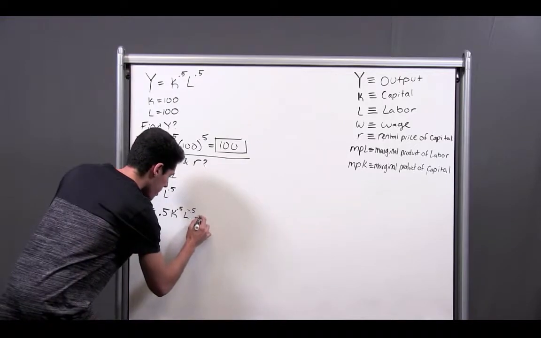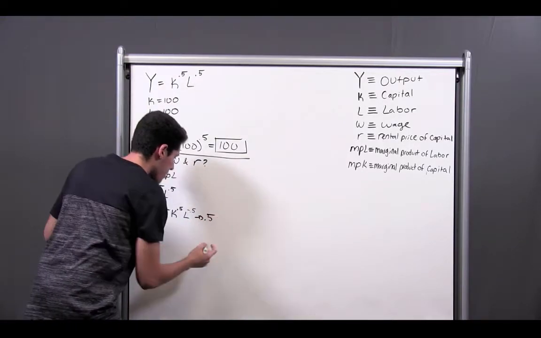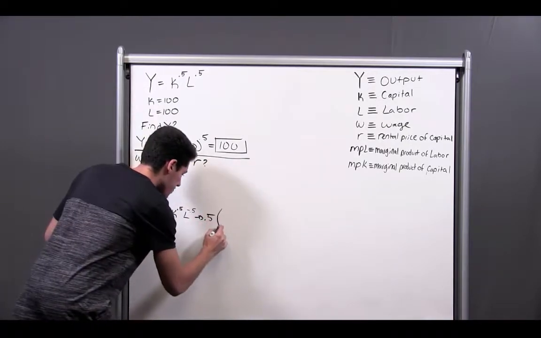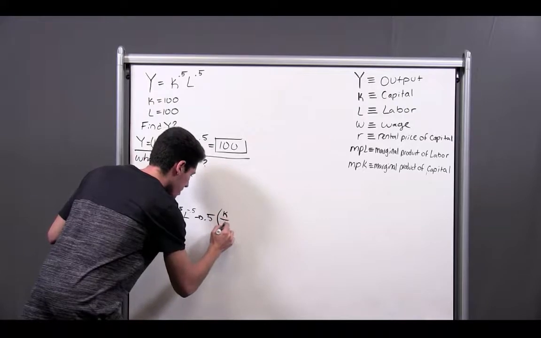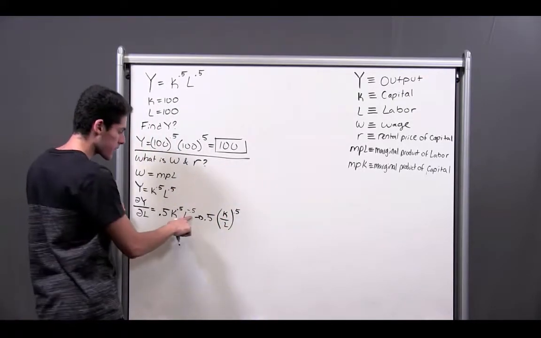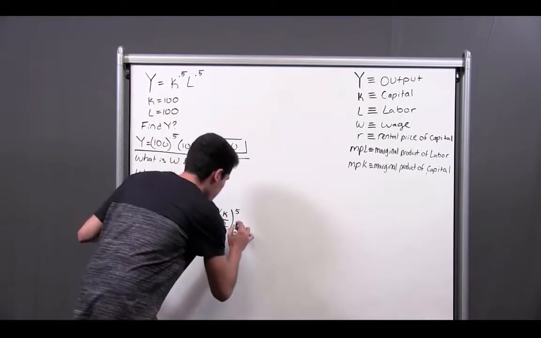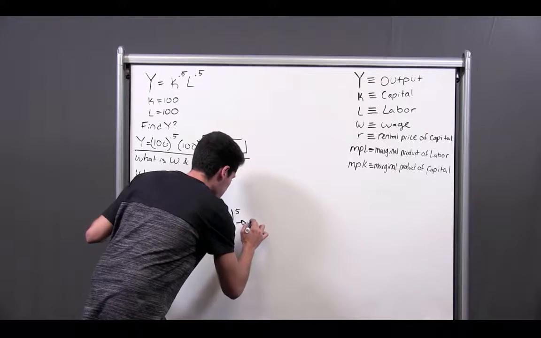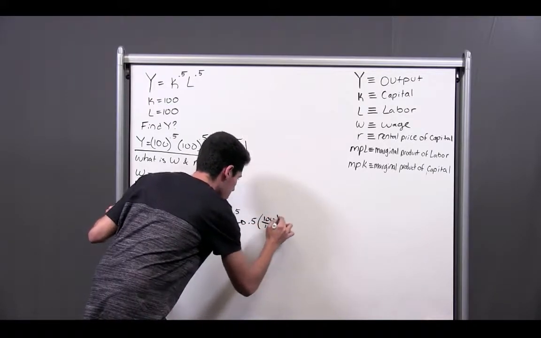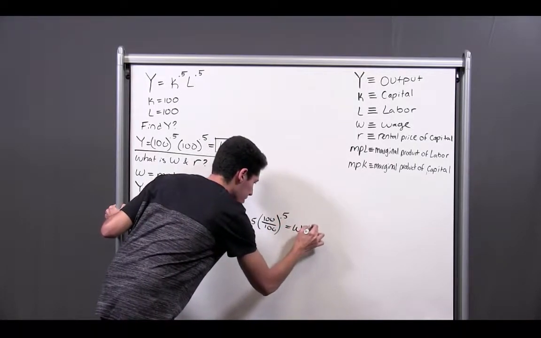And now if we plug in our values, I'm going to transform this equation into this, which is equivalent, because this negative exponent simply means it should be in the denominator. And so we can find, by plugging in the values, that wage should equal 0.5.